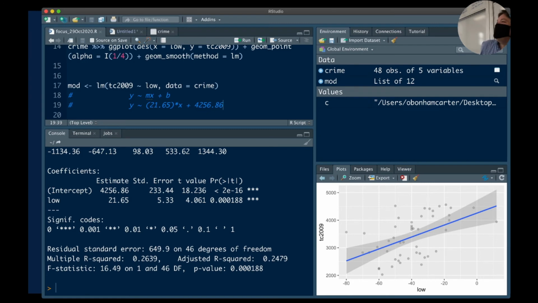What's in that 80%? That would be error. Yeah.